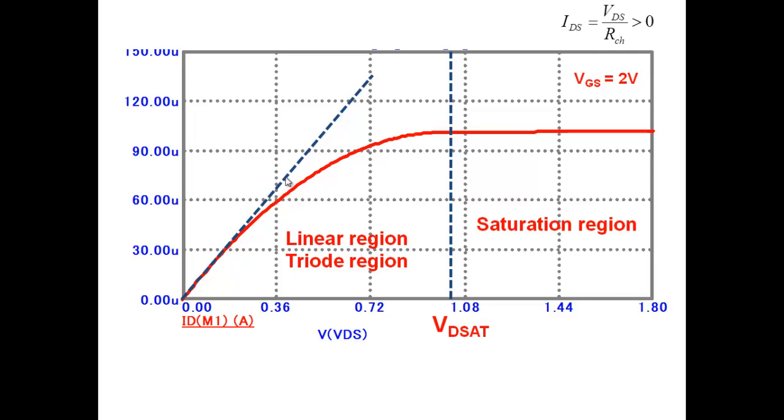In this region, the MOSFET is acting as a resistor, although a non-linear resistor, with this resistance changing with voltage. So you can think of the MOSFET as a resistor. In this case, what should you think of the MOSFET as? A current source. Whenever you have a current which is not changing with voltage, it's a current source. So in this region, the MOSFET acts as a current source.